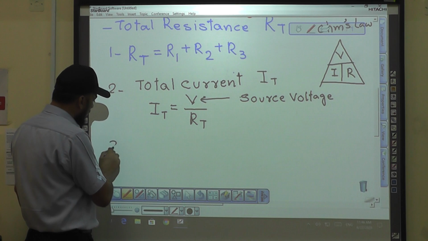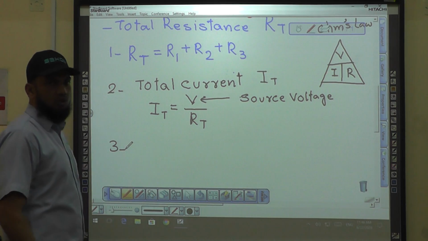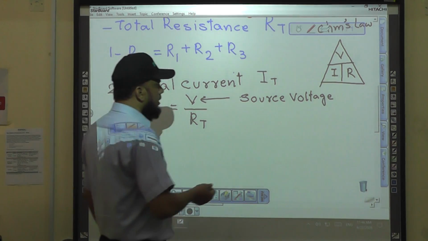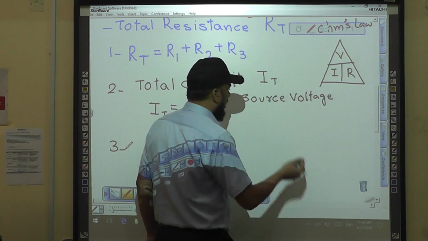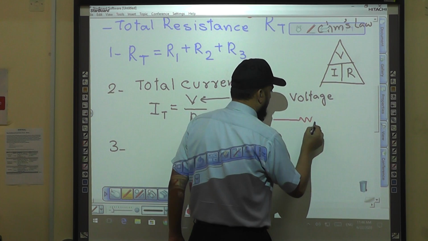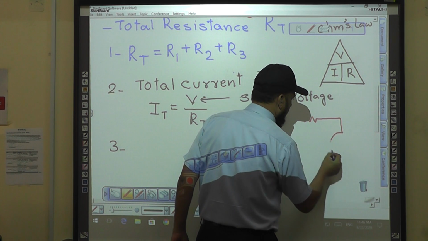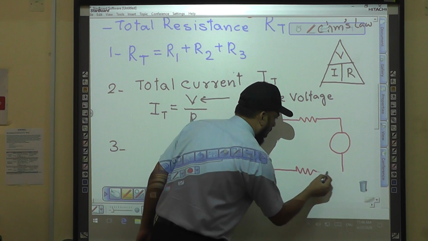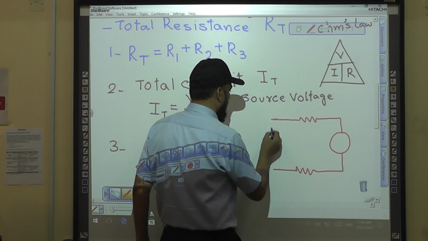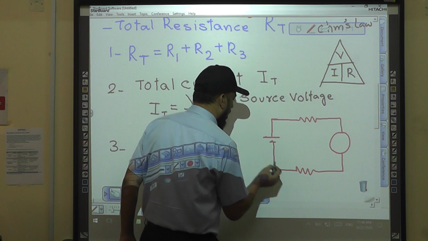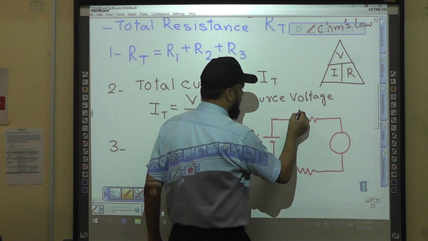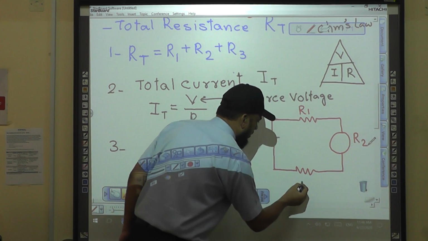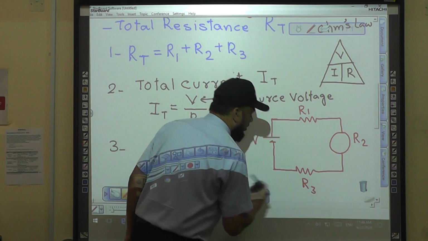And then number three, we have to calculate the different voltage drops across each and every component. For example, I am redrawing the circuit here again. This is the source voltage V, here is R1, R2 is the lamp, and R3 is the resistance.